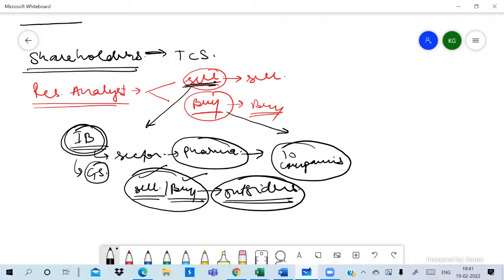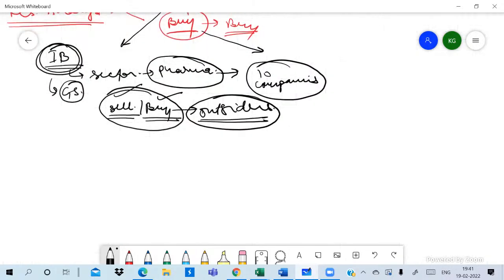I've got Dr. Reddy's stock and I sell it. So that's the job of a sell side equity research analyst, to analyze stocks, come up with research reports, give you recommendations, be it buy or sell, and outsiders will go through it and then take a call on what is to be done. Now let's look at the real problem over here where bias creeps in.